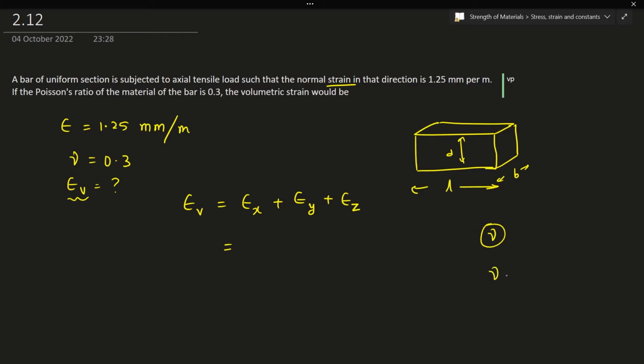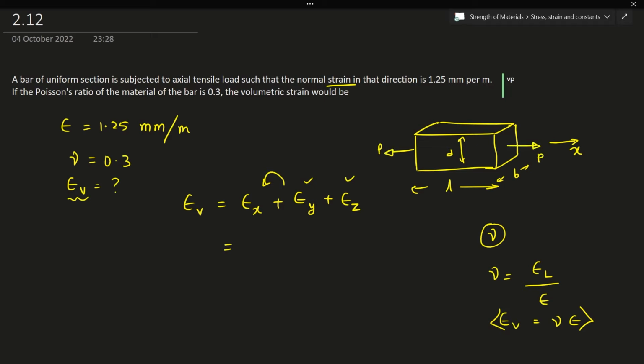Right, so the Poisson's ratio is nothing but the lateral strain divided by the longitudinal strain. So here if I consider the x direction as the longitudinal direction, I'll just have to convert the strains into the longitudinal direction, so the lateral strain would be equal to Poisson's ratio into the longitudinal strain. Now they have said that this particular prismatic bar is in tension.